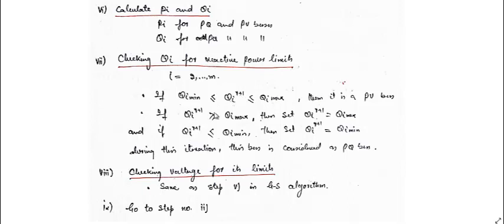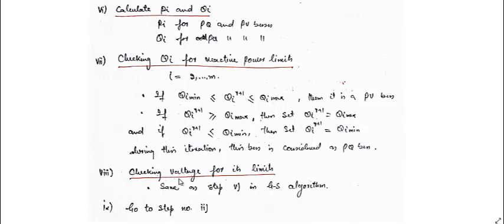But if Qi (r plus 1) is greater than Qi max, then we have to take Qi (r plus 1) equal to Qi max, not the value which is greater than this. If Qi (r plus 1) is less than or equal to Qi minimum, then Qi (r plus 1) has to be taken as Qi minimum, not the value which is less than this. So during this iteration, if any one of these two conditions occurs, then we have to consider it as a PQ bus.